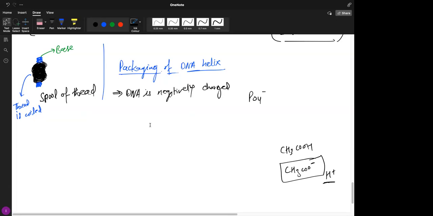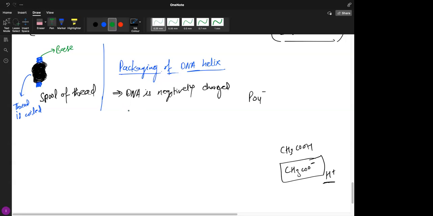So if DNA is negatively charged, there is no person or being that can hold DNA and spool it over a base. So it has to do it by its own self, and chemistry works on some rules. So if DNA is negatively charged, what do I need the proteins to be so that DNA can bind on its own? Positive. Yes, we need some positively charged proteins.